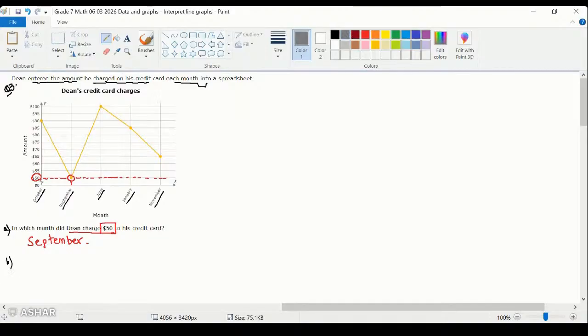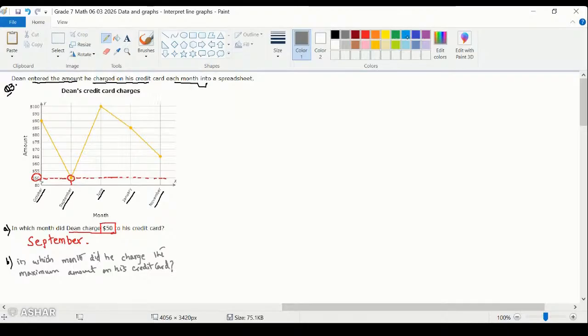If this was the first part, let's make another continuation of the question. In which month did he charge the maximum amount on his credit card?